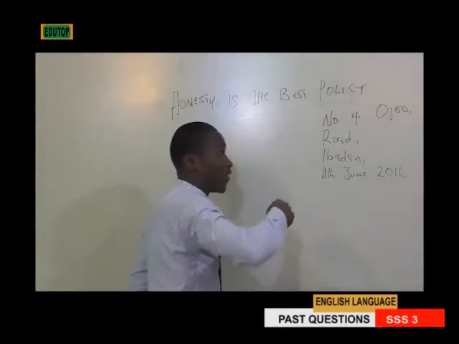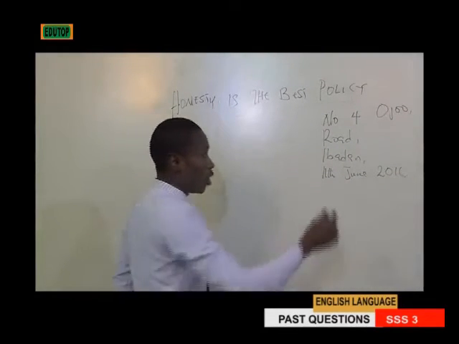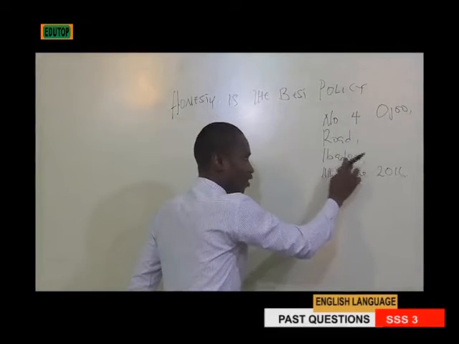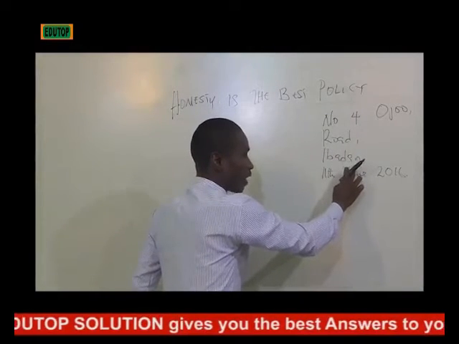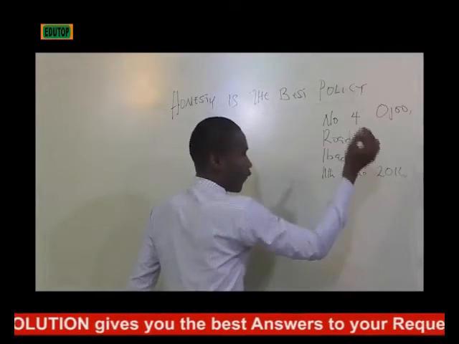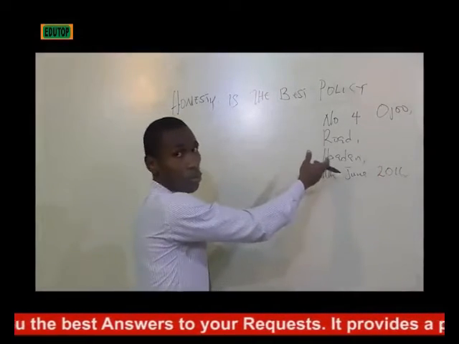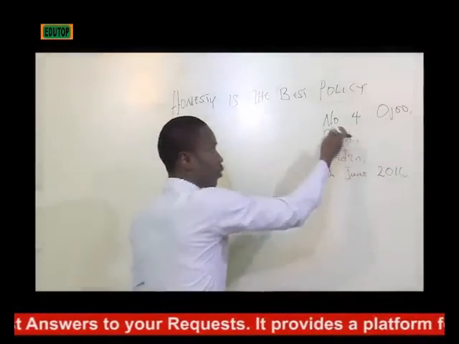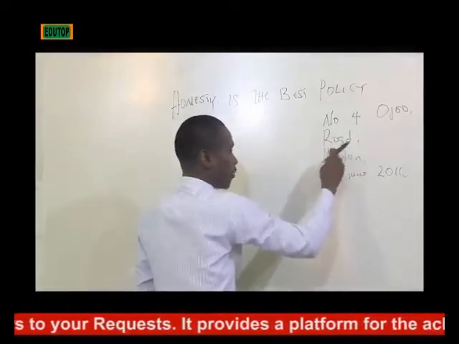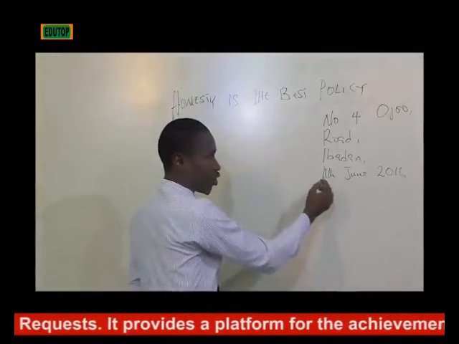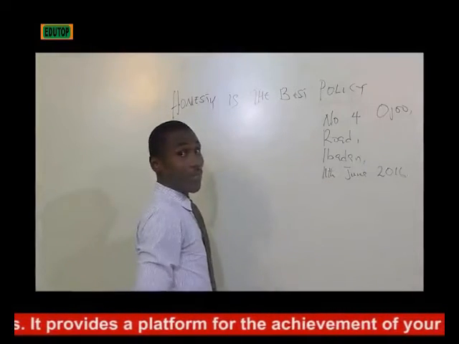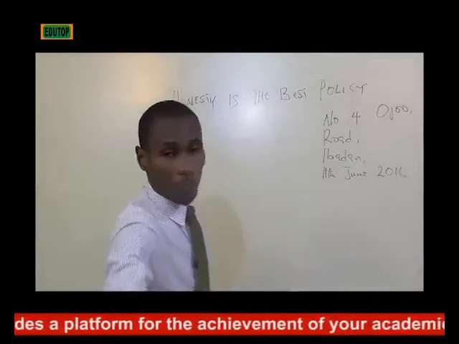If the letter were to be leaving the shores of Nigeria, after Ibadan, you write Nigeria and put a full stop. But since the letter is within the country, you do not need to write Nigeria. So, number 4, Ojo Road, Ibadan 11. And don't forget that your TH has got to be on the same horizontal level with the 11.